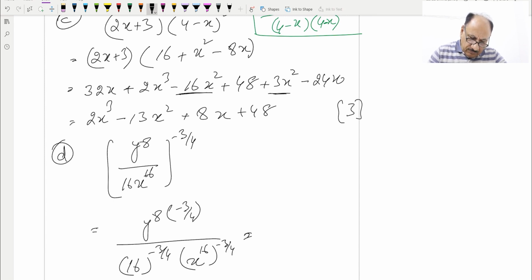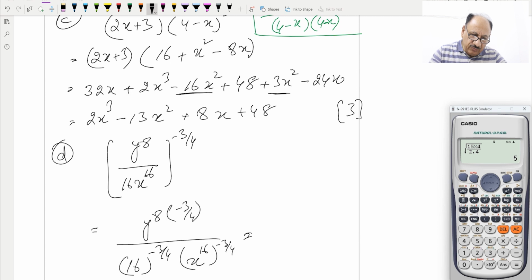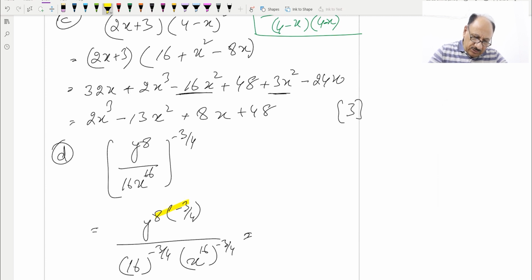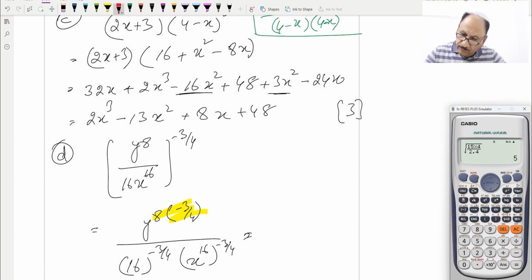Now we can multiply, the powers will be multiplied. For y we take 8 into minus 3 over 4, and this will be equal to minus 6.